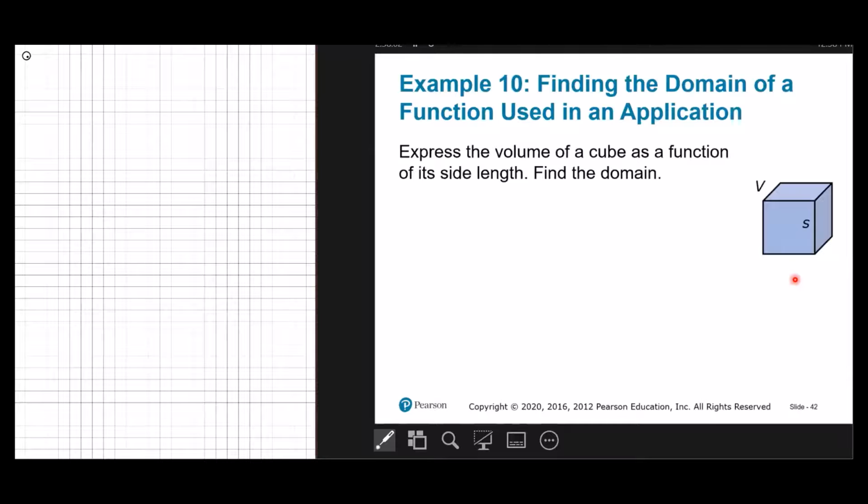Okay, so here we have the volume of a cube. So find the domain. So first of all, we want to express this as a function. The formula for this is different than the function for this. The formula tells us what's the volume. So what is the volume?